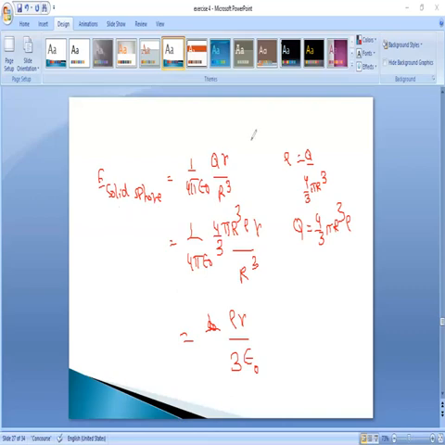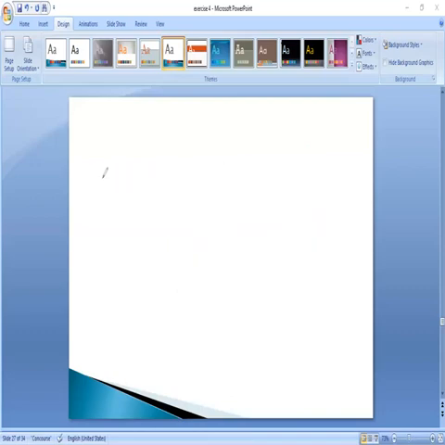And now we can go through the second part of the question. The second part is that some part of the sphere was removed in the form of a cylinder. So what is the general formula for electric field due to a cylinder? That is nothing but lambda by 2 pi epsilon naught r. But here lambda we have to write in terms of rho only.